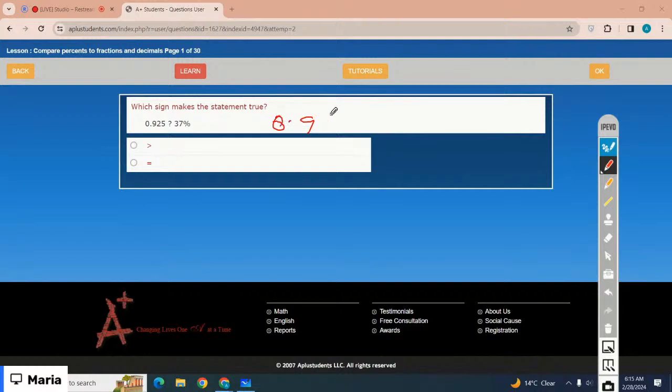How do you convert 0.925 into percentage form? Simply by multiplying it by 100, so that would be 92.5. Then you compare 92.5% and 37%. Obviously 92.5% is greater than 37%. Very good. The correct option is greater.